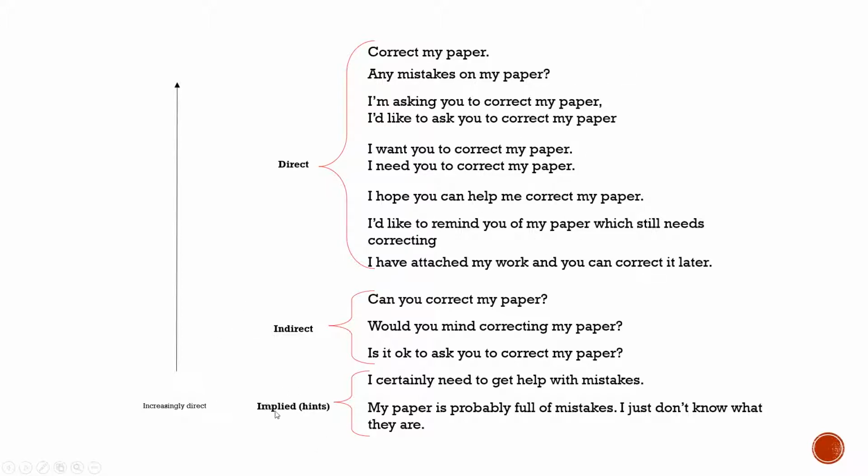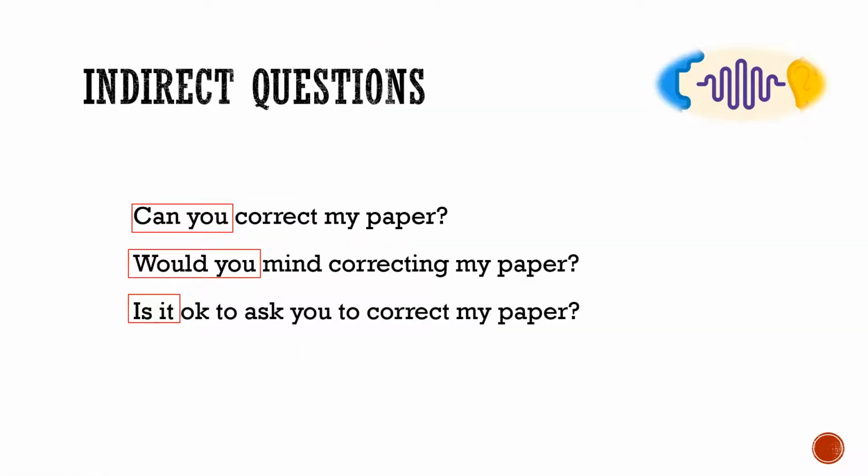The implied ones are a little bit ambiguous, a little bit vague, a little bit unclear, and may or may not get us what we want. So, from a strategic point of view, this group here, the indirect questions, would be the best choice.